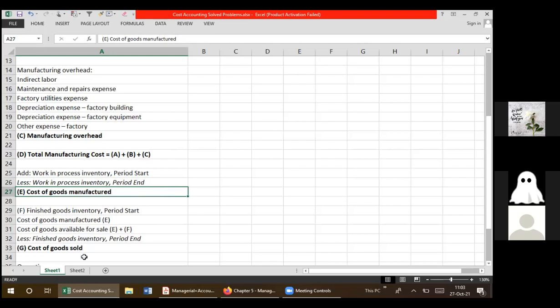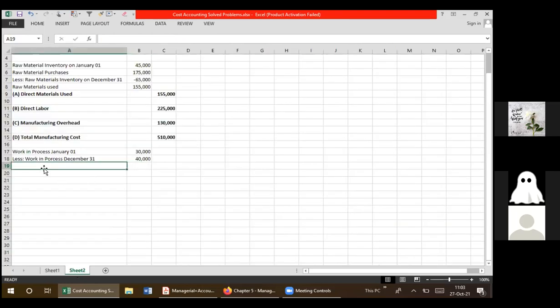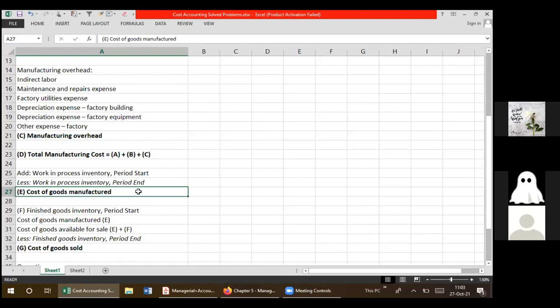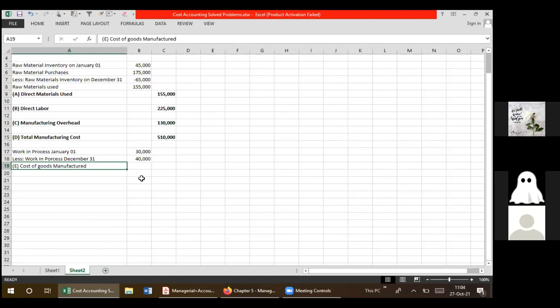So we reach point E, cost of goods manufactured. This is actually D plus the work in process start, minus the work in process end.